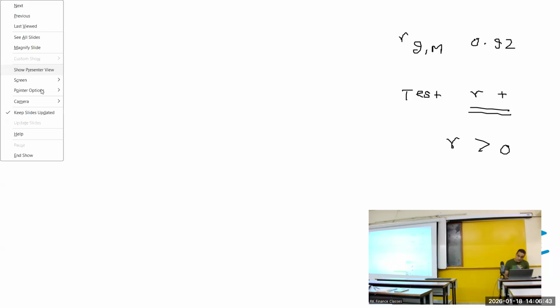The moment you see signs like this, it should remind you of something: this sign and this sign can only come in H1. So R greater than 0, because it's a greater than sign, we're going to say that R greater than 0 is H1, also called the alternative hypothesis.